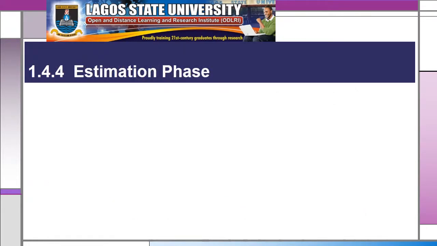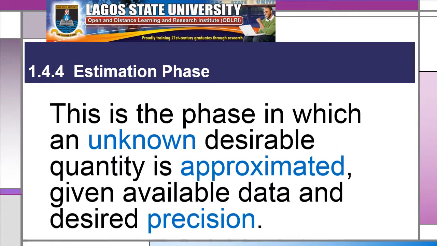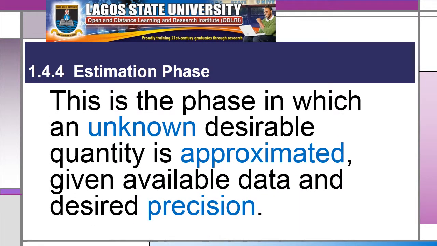The estimation phase is the phase in which the unknown quantity is to be approximated, and this unknown quantity usually emanates from the previous phase, that's the modeling phase. That phase would have been parameterized by some few unknown values.